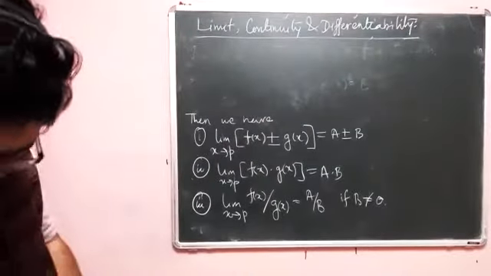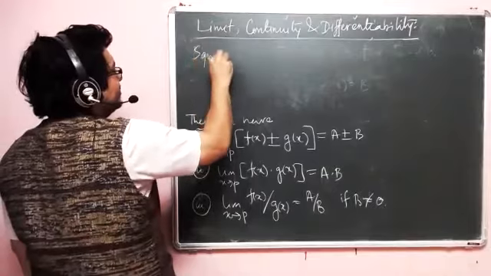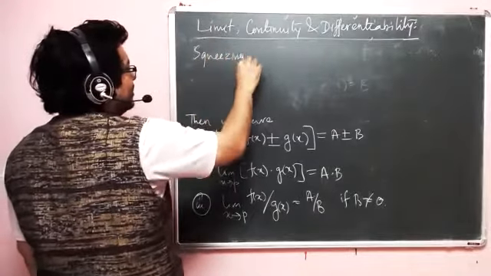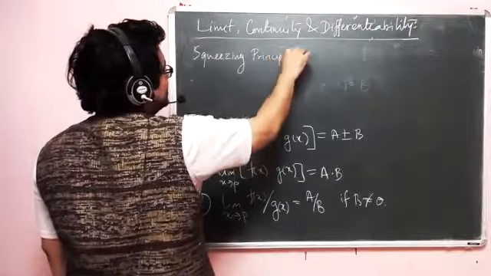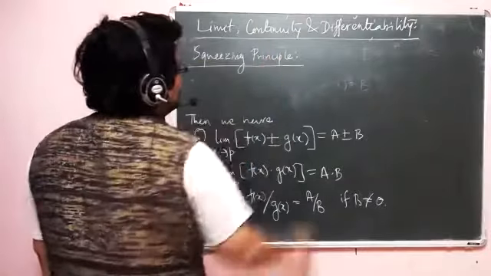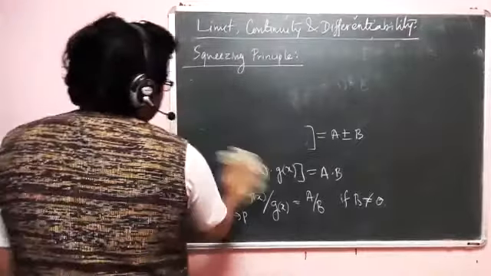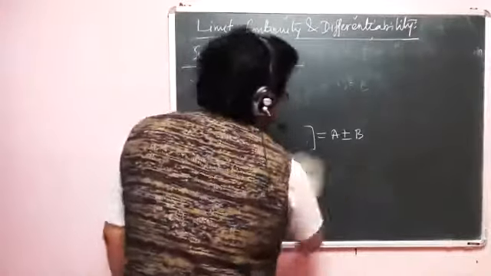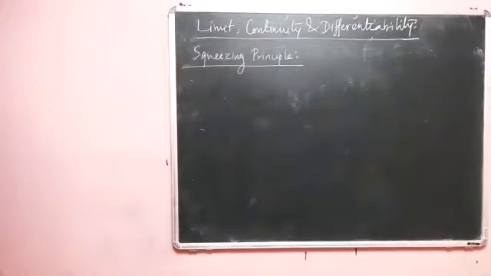So this one I'll write as the squeezing principle. I have heard that in some places it is called the sandwich theorem, which I do not like as a name. So what is the squeezing principle?